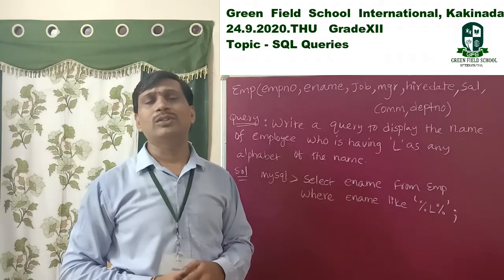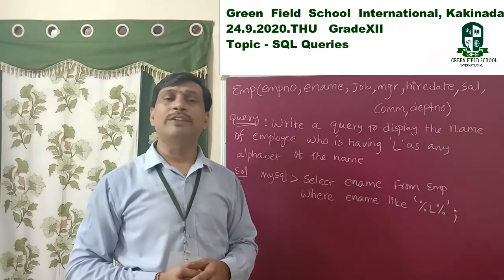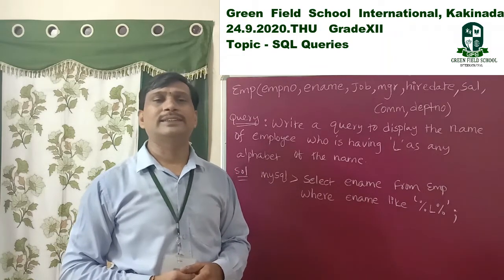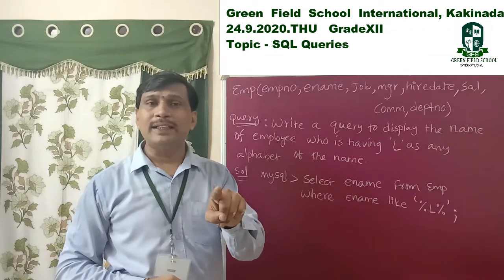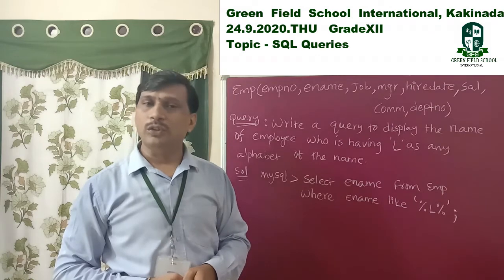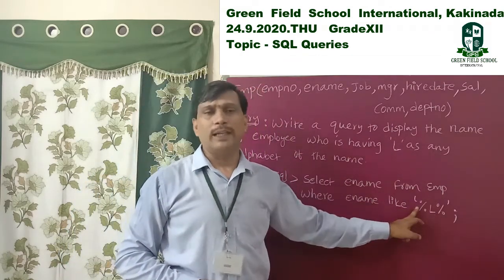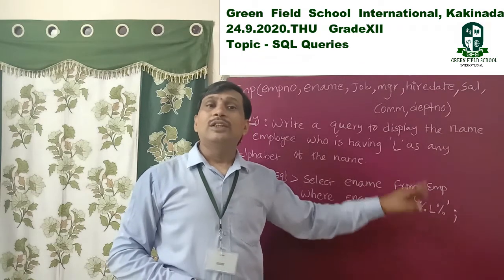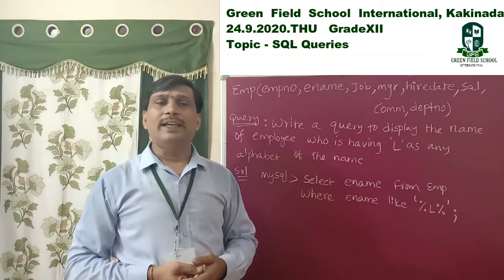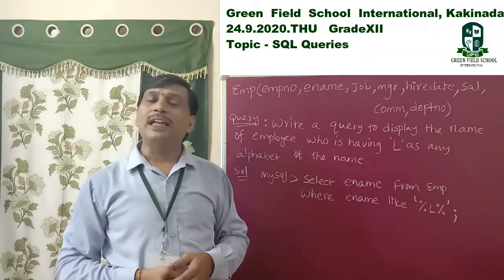All these are valid. So how can this be displayed? By using underscore and percentage symbol with the LIKE operator. They are specifying capital L as one character in that employee name. So that's why we specify capital L. Before capital L, no characters, one character, or more than one characters are valid.